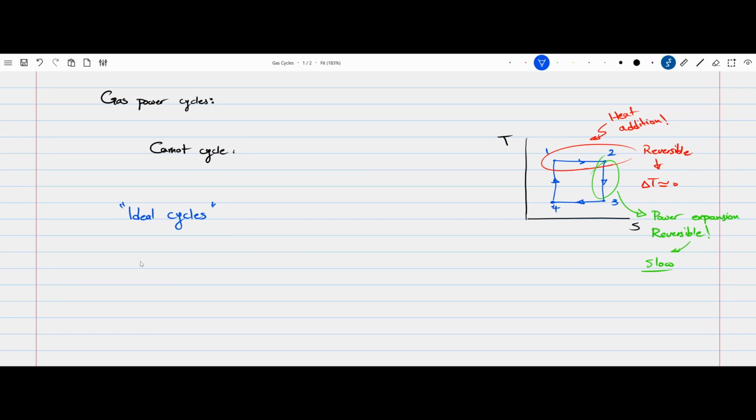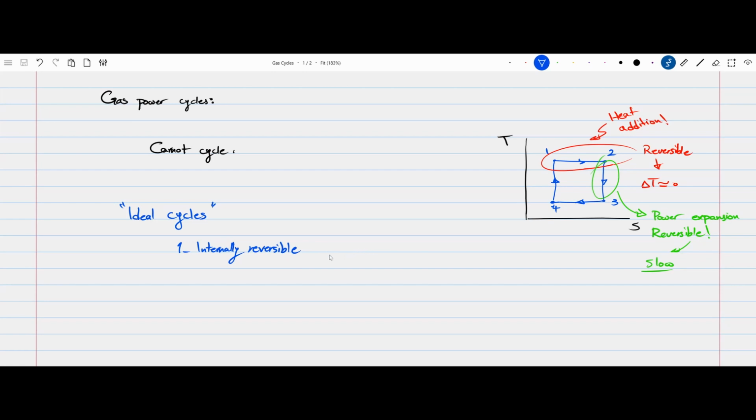So what makes the ideal cycle different from a Carnot cycle? For starters, we do not care for the processes to be truly reversible. We want them to be internally reversible. An internally reversible process means that we do care for the system to go back to its initial state if we reverse the process, but we do not care about the surroundings.